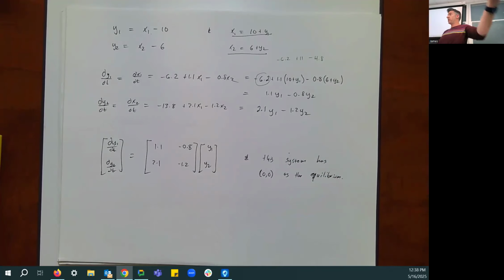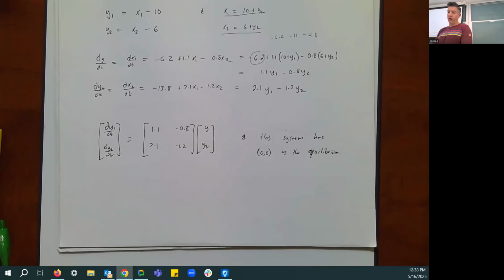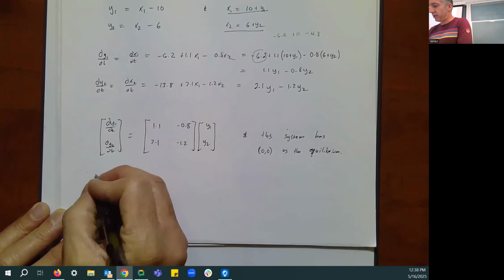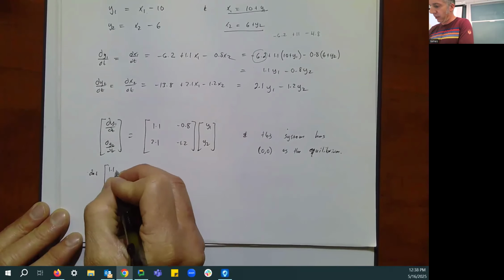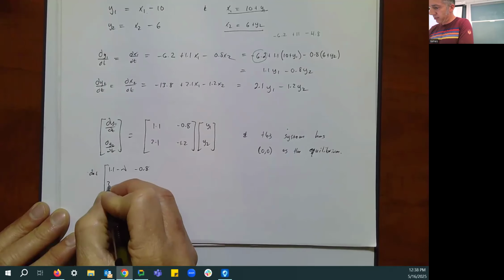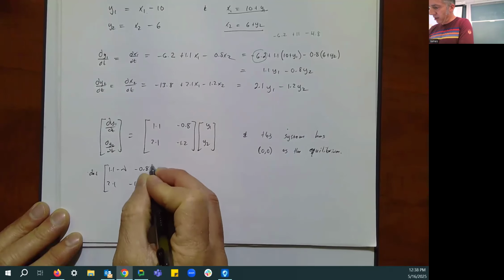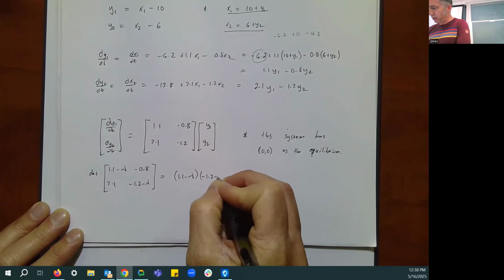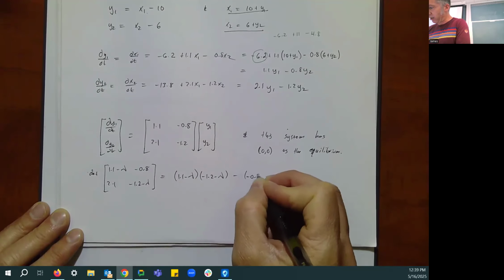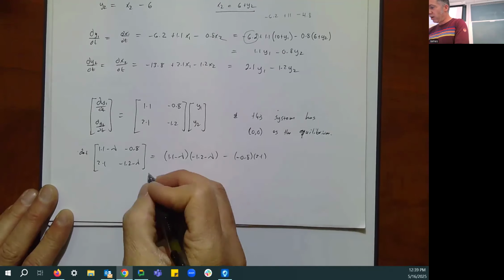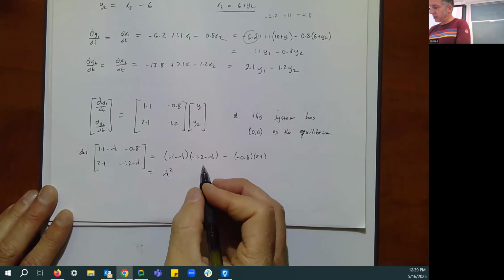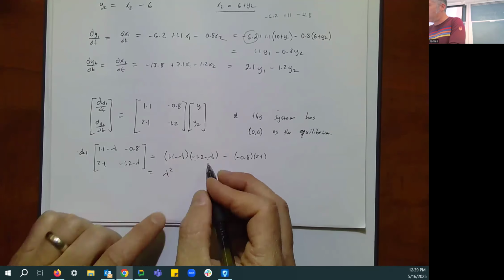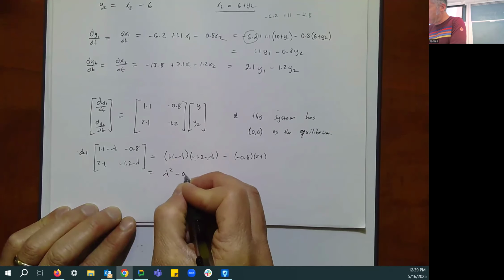So you could do it using the trace-determinant, or you could go find eigenvalues. It's the determinant of, the usual fun thing, which is going to end up being kind of gross: 1.1 minus lambda times negative 1.2 minus lambda minus negative 0.8 times 2.1. These numbers should look familiar. We get lambda squared, plus 1.2 lambda minus 1.1 lambda, so that's minus 0.1 lambda.